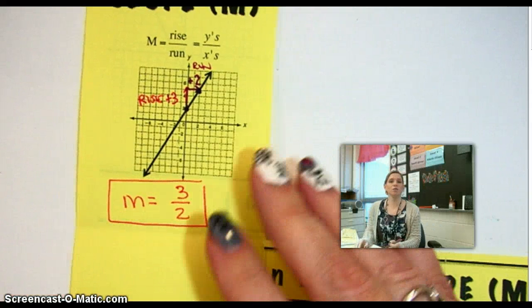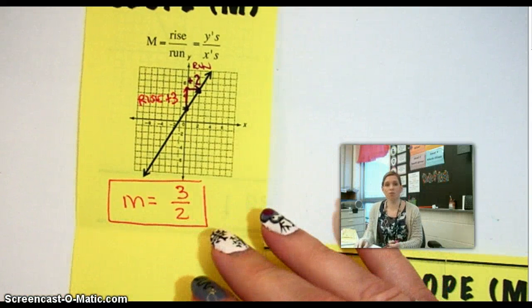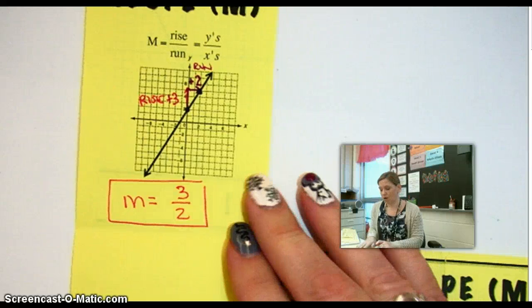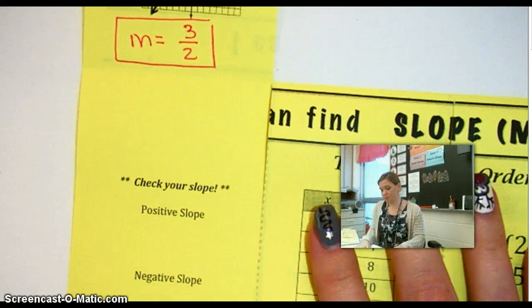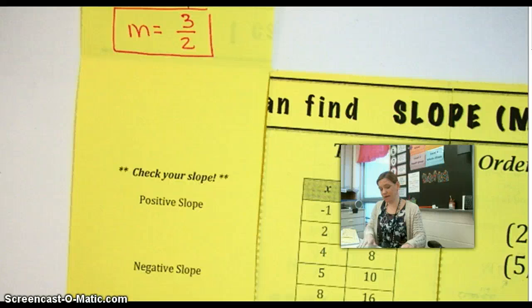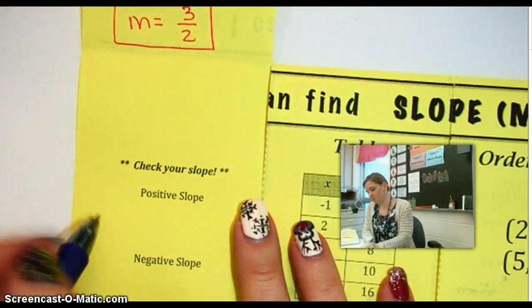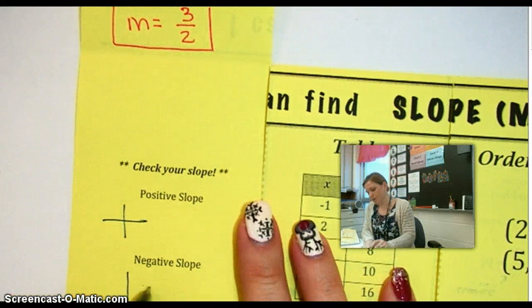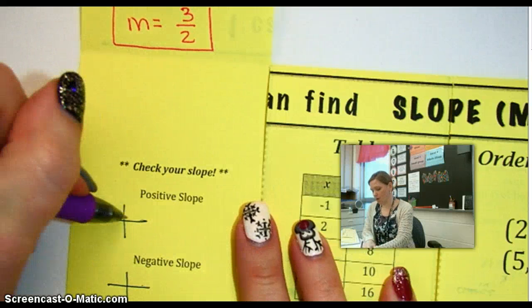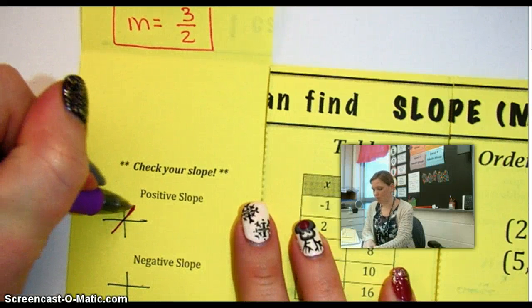So that's quickly how to find the slope when you are seeing it on a graph. Just some quick things to remember. If our slope is positive, it would go upward from left to right.